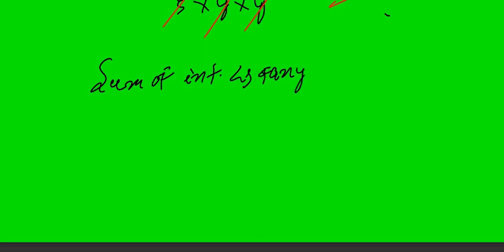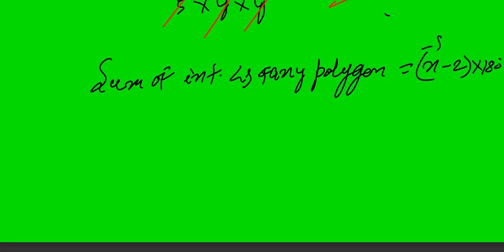So what you have to write, for the sum of interior angles we have a formula, so we can use the formula, we cannot write the answer directly. The sum of interior angles of any polygon or any regular polygon is given by the formula n minus 2 into 180 degrees, where n denotes the number of sides.